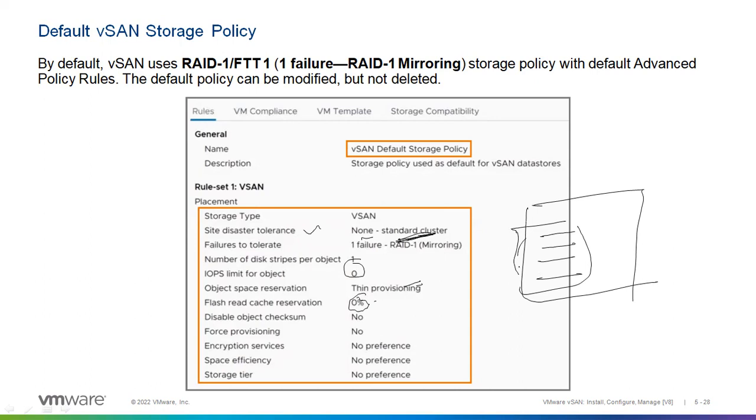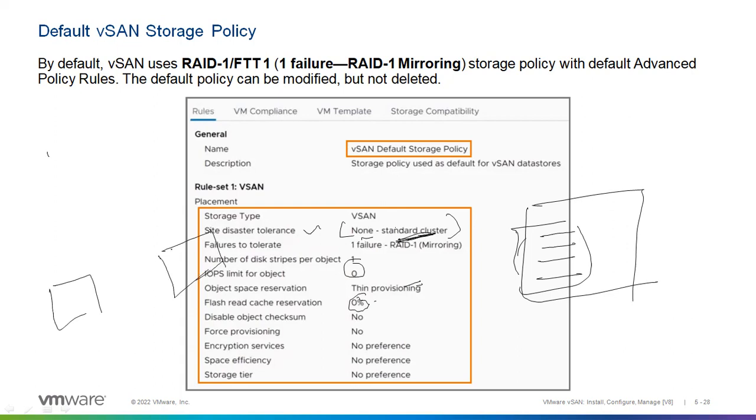Now, if we go back here, you have seen multiple options, right? You have seen another option. When we configure the stretch, let's assume now you are in a stretch cluster.